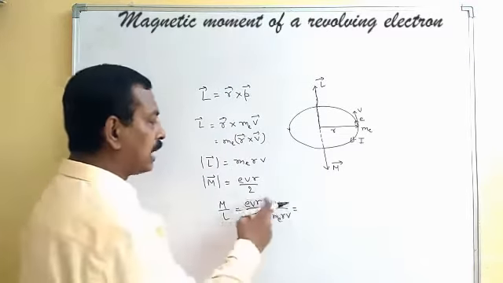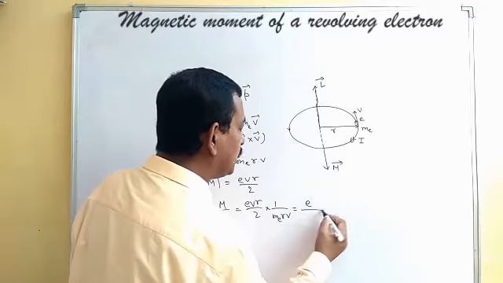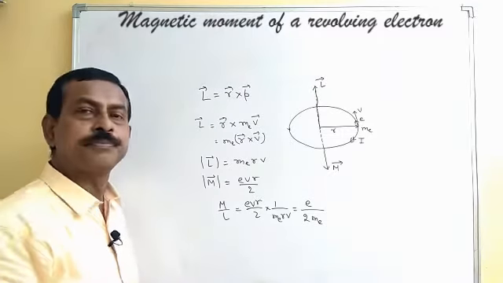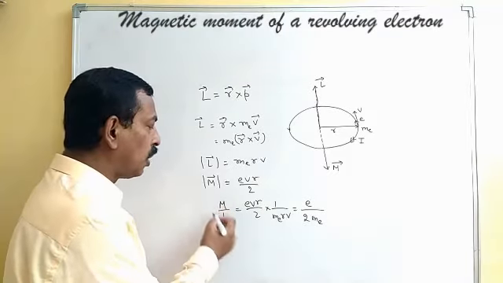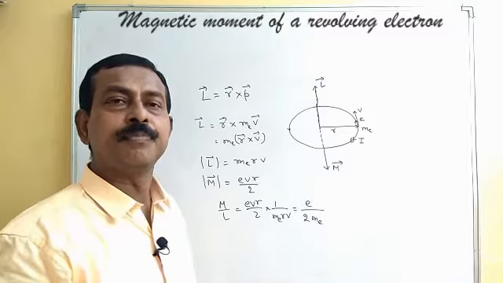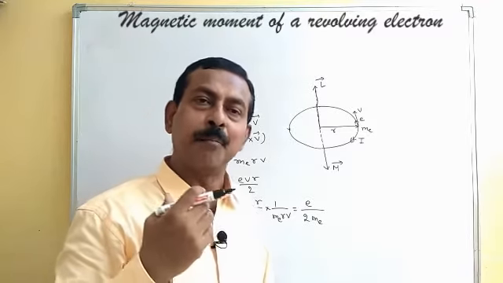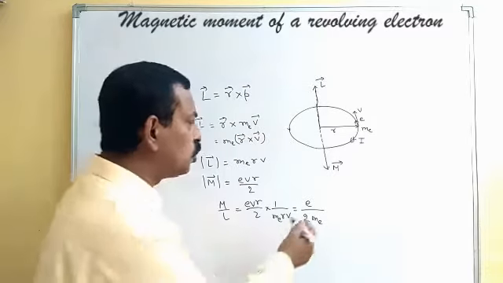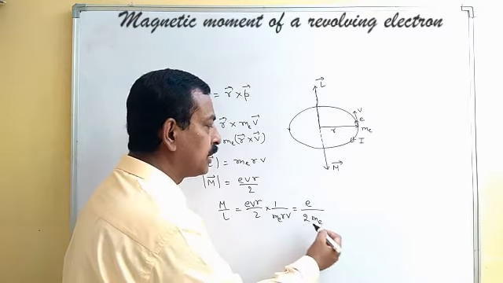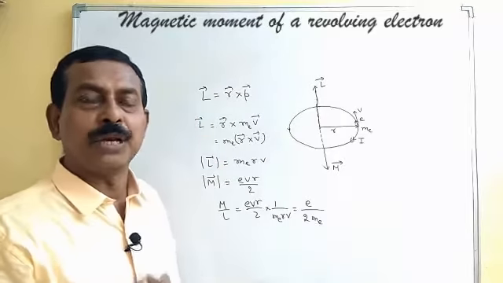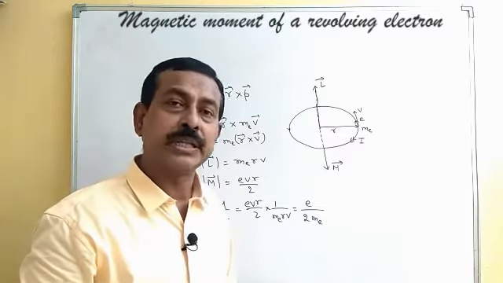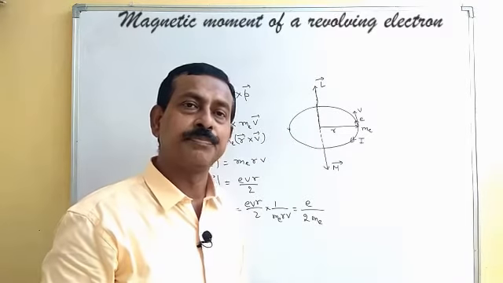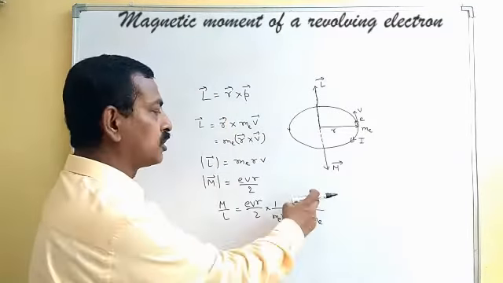So this r and v will get cancelled, and you will get e by 2 m_e. So this is the ratio of M and L, that is, the orbital magnetic moment and the orbital angular momentum. So this ratio is a constant. It is e by 2 times m_e, where m_e is the mass of the electron there. It is constant. e, which is the charge of the electron, is also constant. So this will be a constant there.